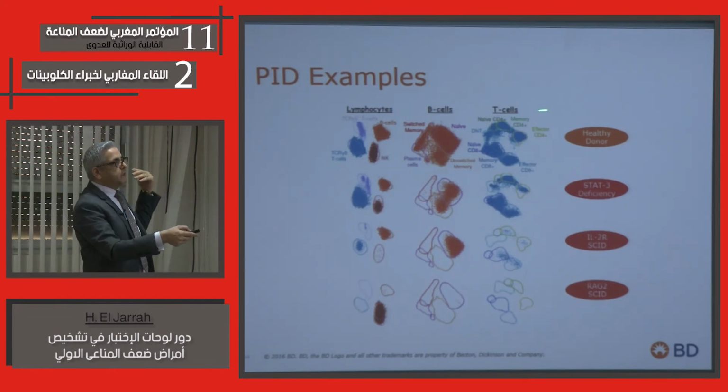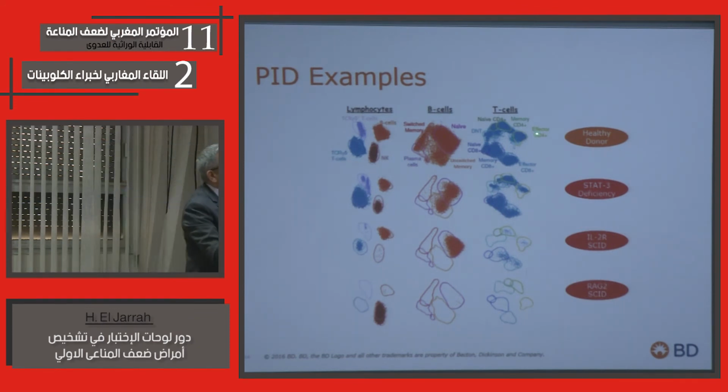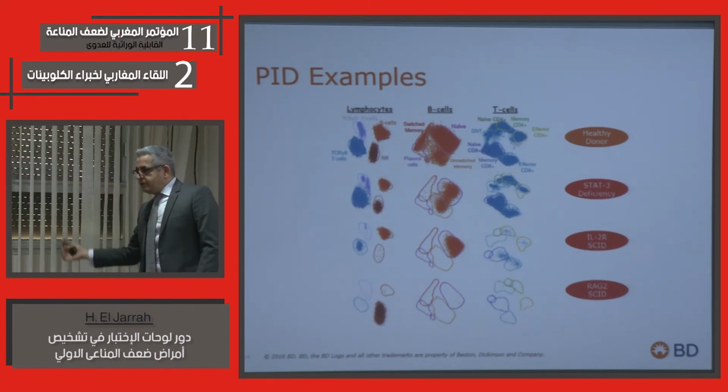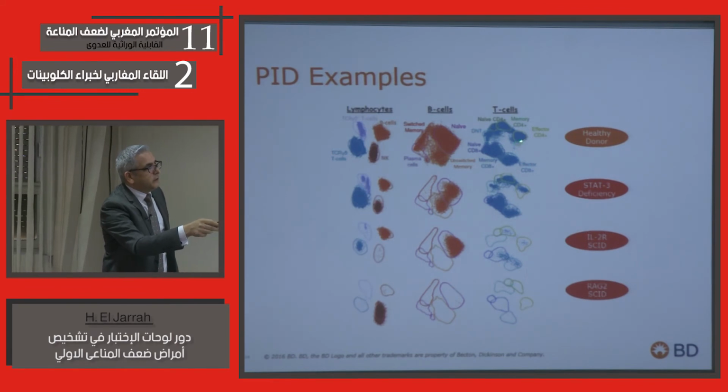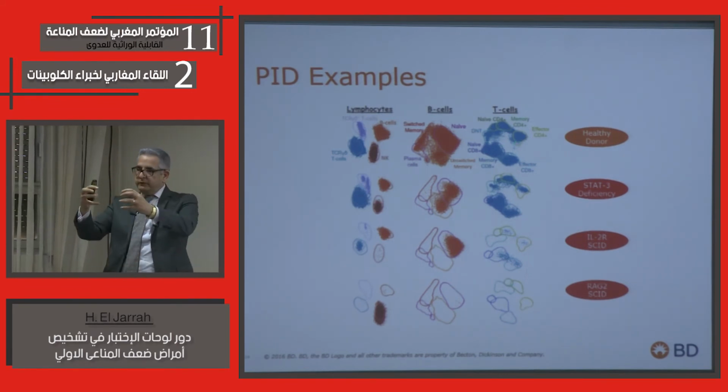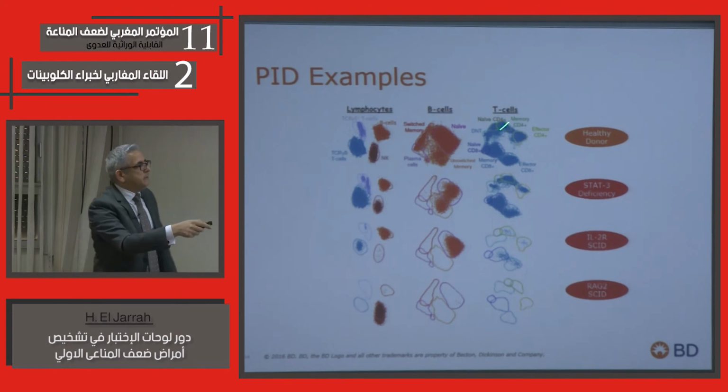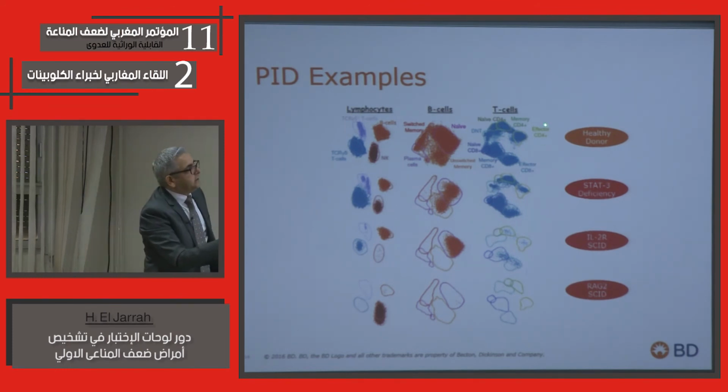As we said, this is a healthy donor. So you see the zones, and we see the dots, and each dot here represents a cell from the blood of the patient. You see how the dots mostly fall within these zones. Here we have the effector cells, CD4s, memory, naive, double negative, naive 8, memory 8, effector 8.